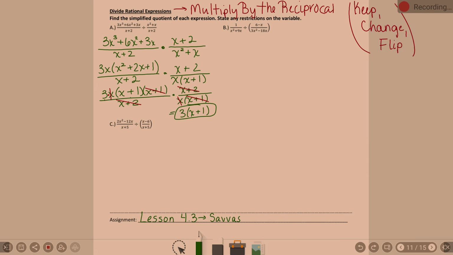So restrictions. Remember what I said yesterday about restrictions. Anything that is or ever was in the denominator. Just negative 2.